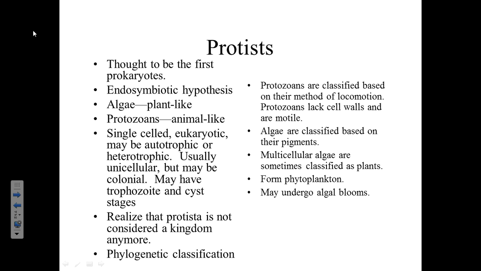That the first cells were bacteria, and that some smaller bacteria started living inside bigger ones. And eventually that worked out to be a good deal for all of them. It's a symbiotic, mutualistic kind of relationship. And they became so dependent on each other that the smaller ones supposedly evolved to become what? Organelles, like mitochondria and chloroplasts. And that's how the first eukaryotic cells formed. That's the theory.